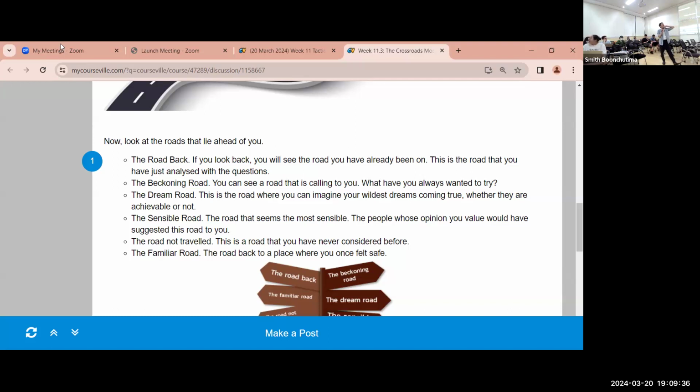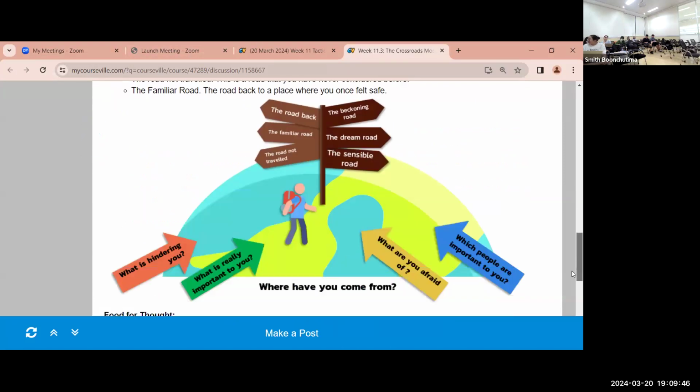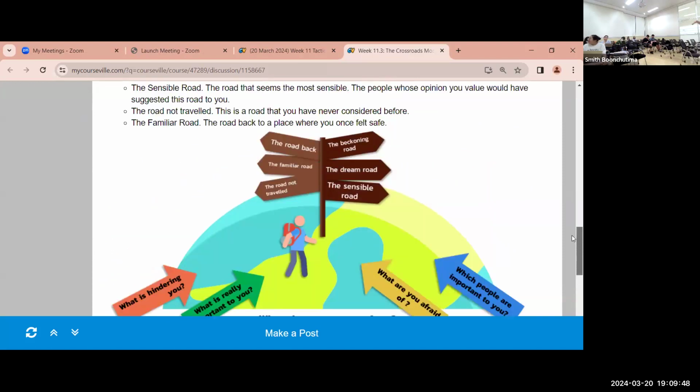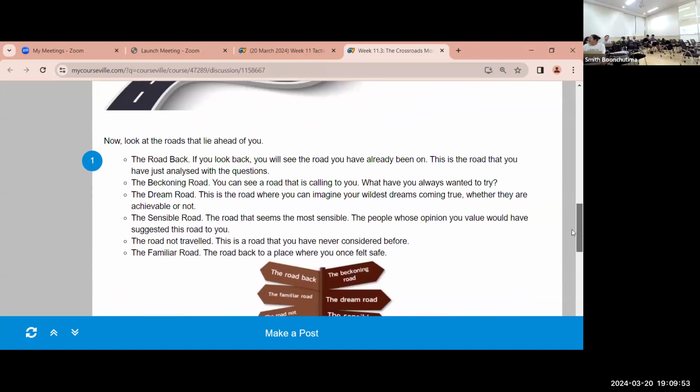Now let's look at the roads that lie ahead of you. When you take all the information from those 5 questions, then you look ahead. There are 6 choices. First choice is the road back.